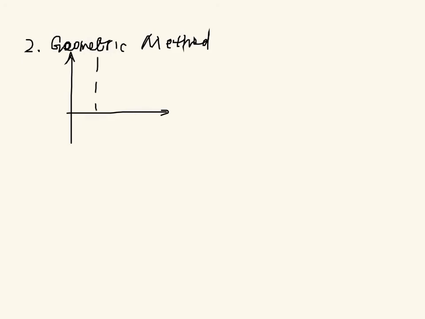Otherwise, it will be 0. So this is 1, this is 2, this is x, and this is y. And in f of y, y is between 0 and 1, and otherwise it will be 0. So we got this shaded area.